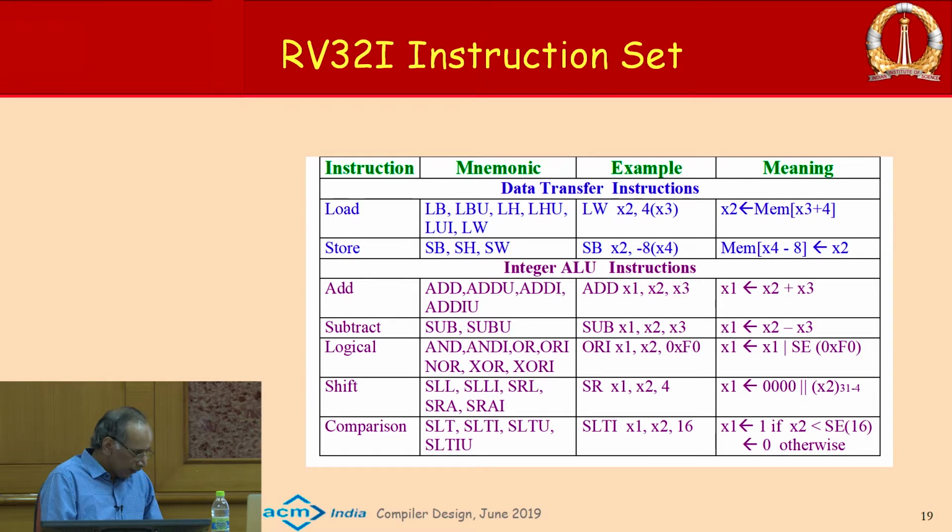Let us look at this. You see this unsigned only for bytes and half words, right? There is no unsigned for this word instruction. So, when you take a byte and load it into a register, 1 byte, 8 bits of information, is being loaded in.